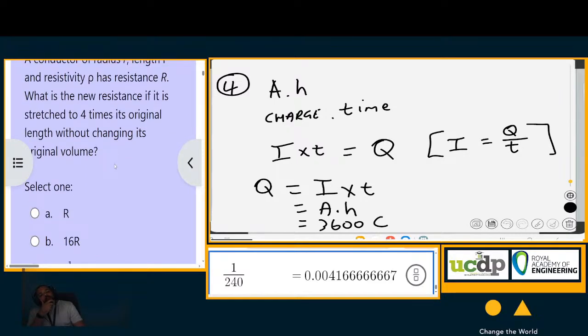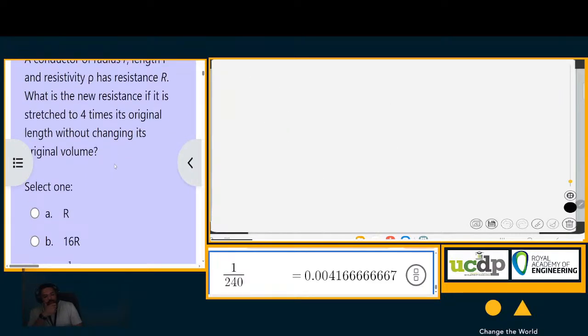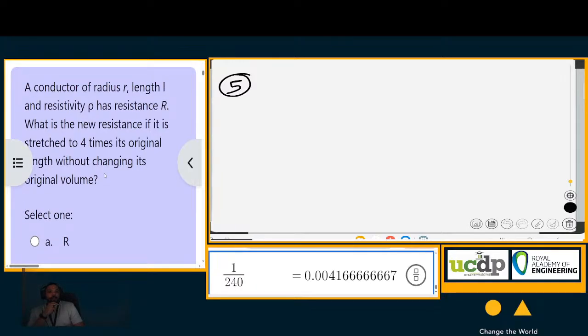Question number 5. A conductor of radius r, length L, and resistivity rho has a resistance of R. Okay.